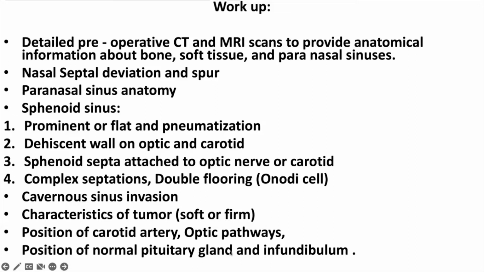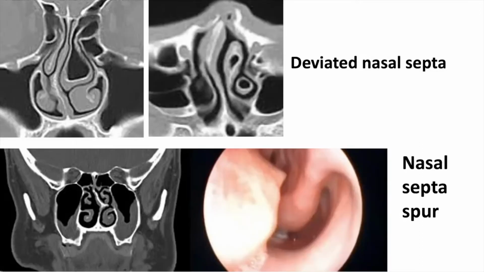It is very important. Where is the gland displaced, superiorly, to the left or right, or anterior or posterior? If you know the normal pituitary position preoperatively, then you can save the normal pituitary and avoid hormonal dysfunctions postoperatively.